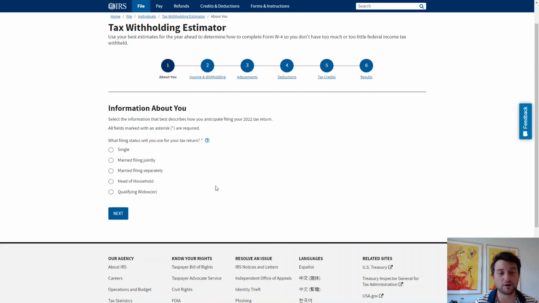The reason why HOH is a much better filing status because you get a larger standard deduction than the single filing status, and the tax rates within your marginal brackets are generally lower. So you've got lower tax rates, you've got a greater standard deduction. So head of household, certainly better for most single parents that have qualifying children as dependents.